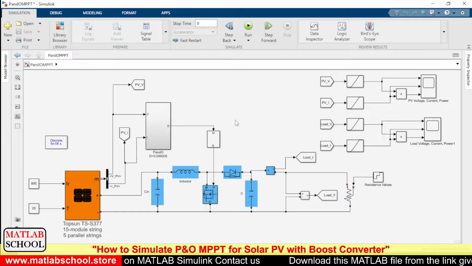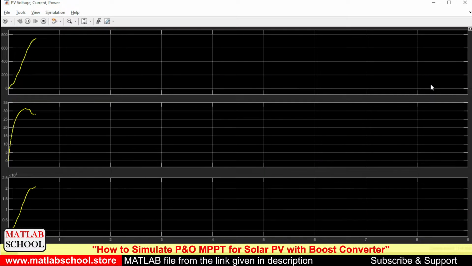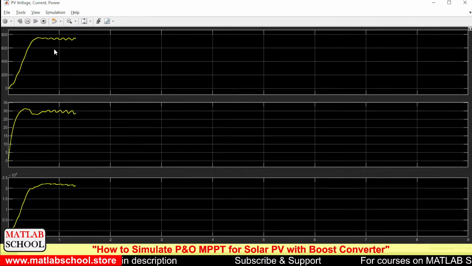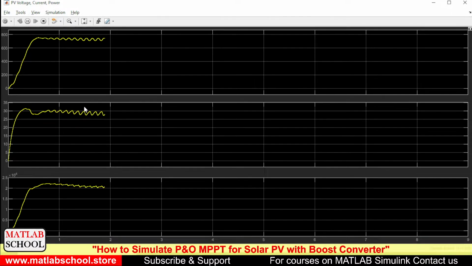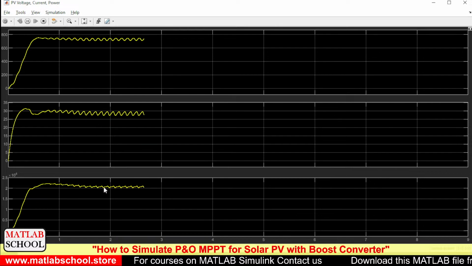So the simulation has started. Let us see the PV panel voltage, current, and power. The first graph is the PV panel's output voltage, the second one is current, and the third one is power. As you can see, we are almost getting the maximum power.